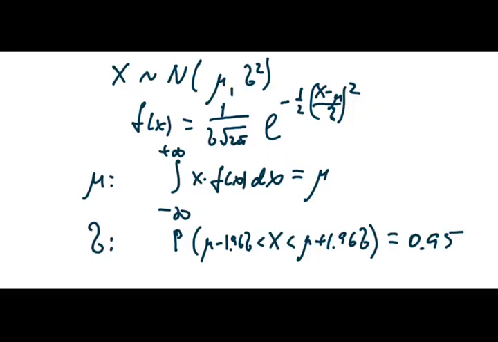So in 95% of cases, observed value of x will be in this interval. So sigma says how close our observation appears to be to expected value mu.